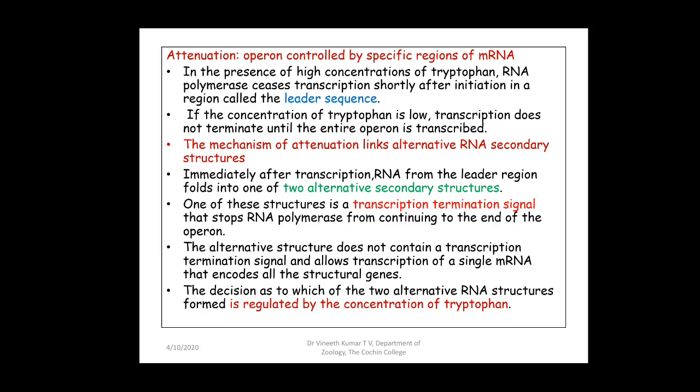The mechanism of attenuation occurs due to two RNA secondary structures. Immediately after transcription, the RNA from the leader sequence, which can be seen in the gene as well as in the mRNA, can assume two shapes. One shape is a termination signal.